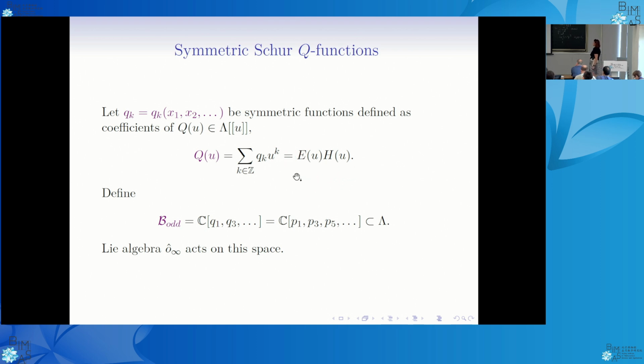And then instead of the space of all symmetric functions, we have to consider a subspace which will be generated only by odd power sums. It is also known that these coefficients generate this space. We're going to call it B odd, and the Lie algebra O infinity hat acts on this space.